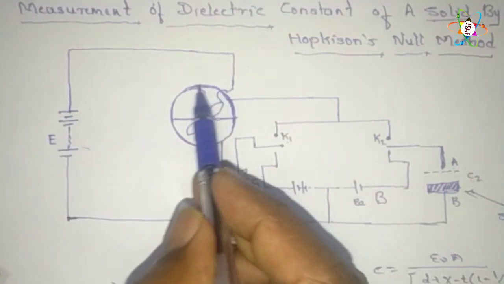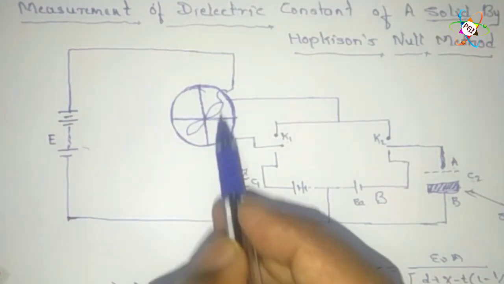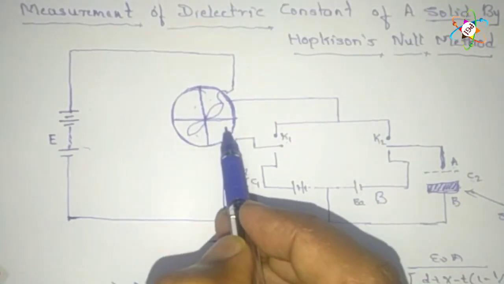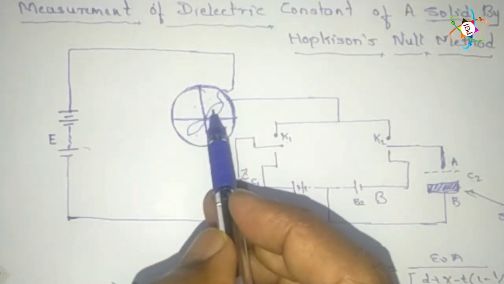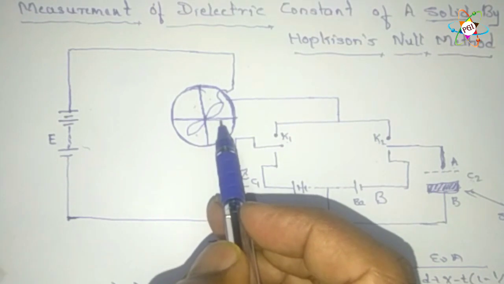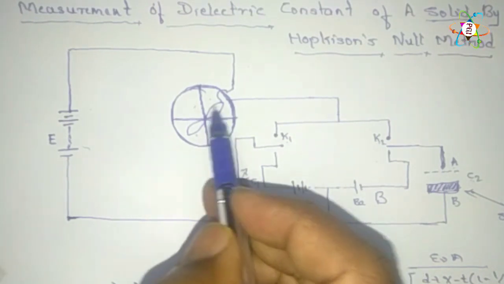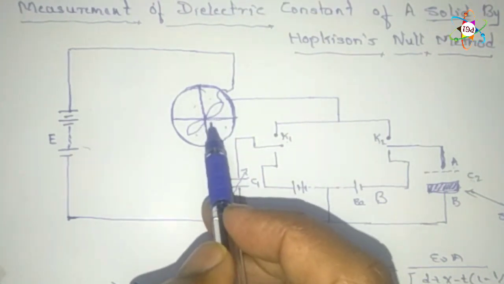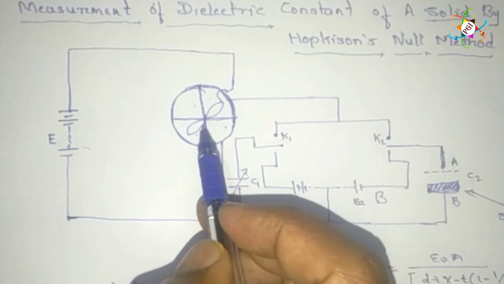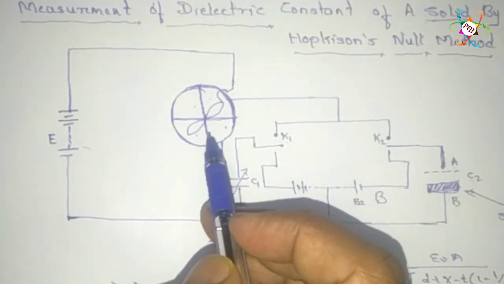In the electrometer there are four quadrants A, B, C and D, and this is the needle. When the charge increases or decreases, it is shown by the deflection of the needle.